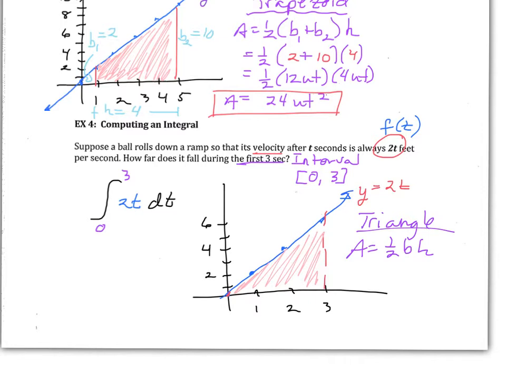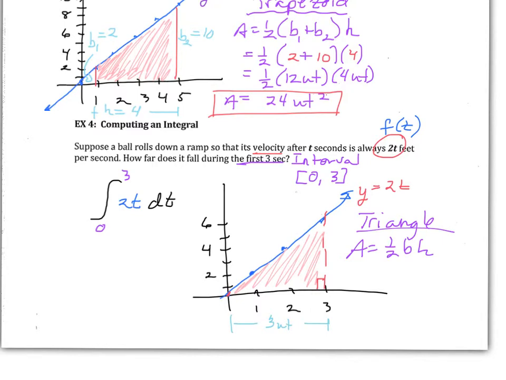Remember, in a triangle your base and your height are always perpendicular to each other. And this is a right triangle, so aren't the legs the perpendicular parts? What's the distance of this leg from 0 to 3? 3 minus 0, 3. So this is 3 units from here to here. So that's going to represent our base.